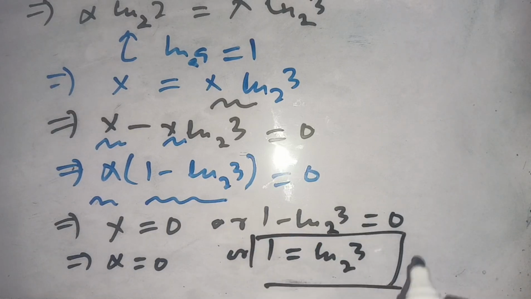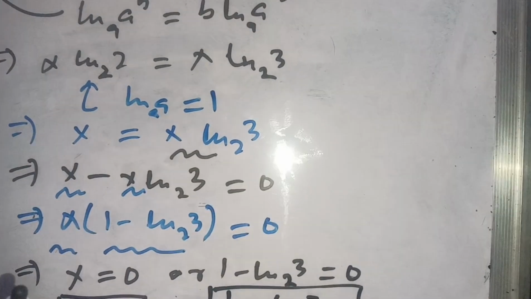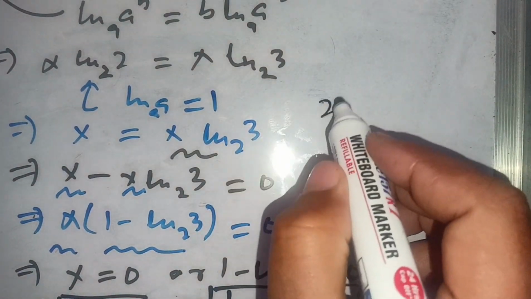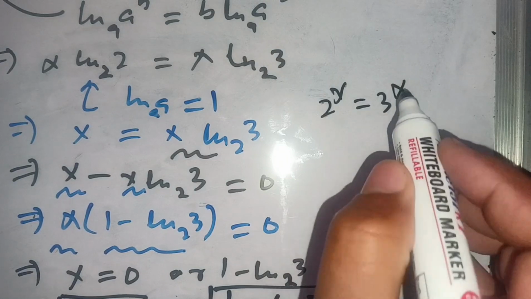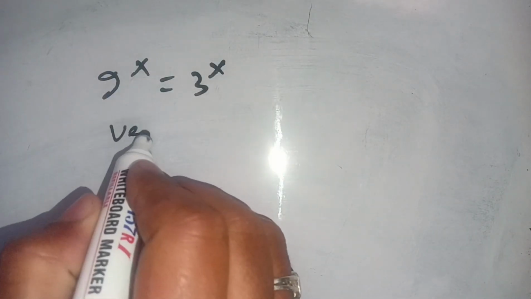As it doesn't satisfy our equation, it gives x is equal to 0, which satisfies our given exponential equation 2 power x is equal to 3 power x. Now our final step is to verify it.